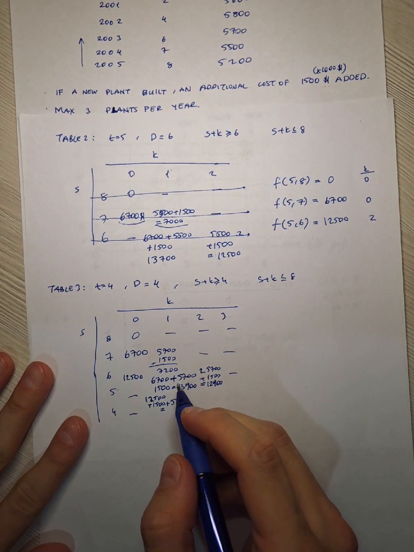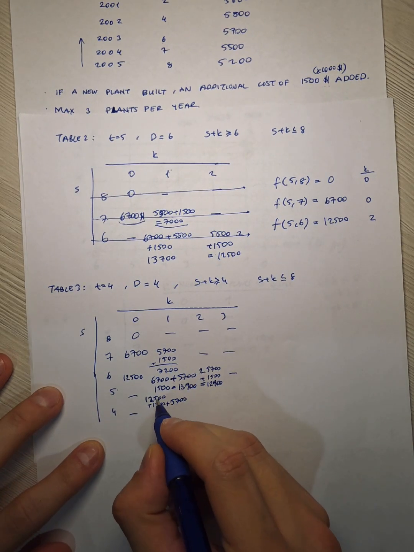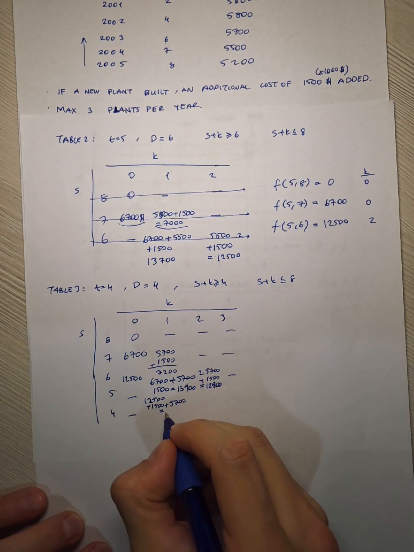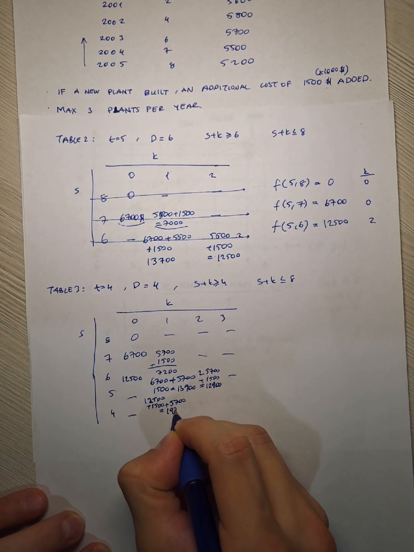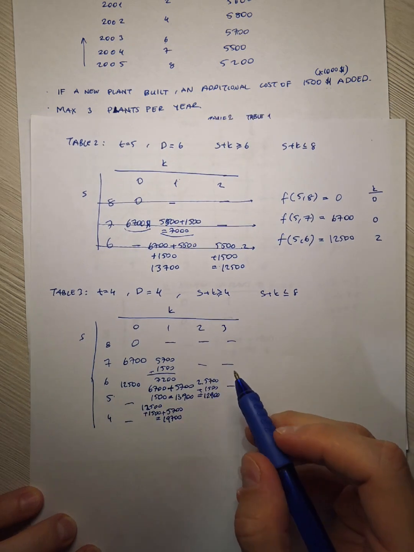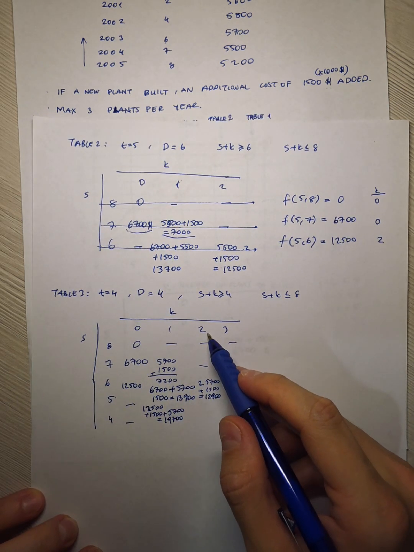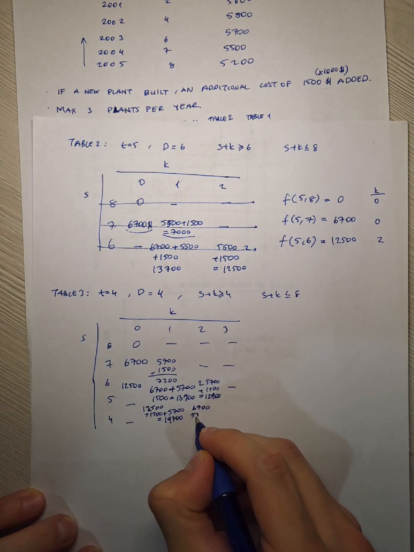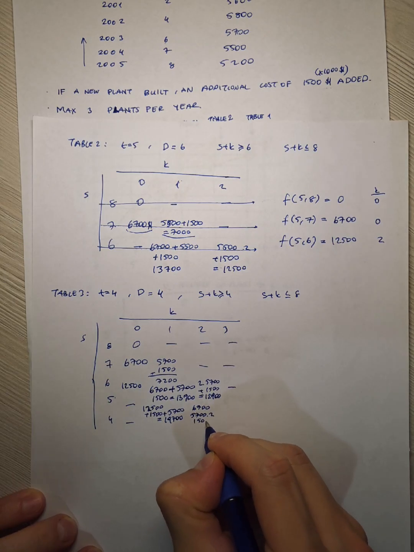So in total, 19,700. Okay, so if we end up at this, and then we build 2, and then 1 time fee.